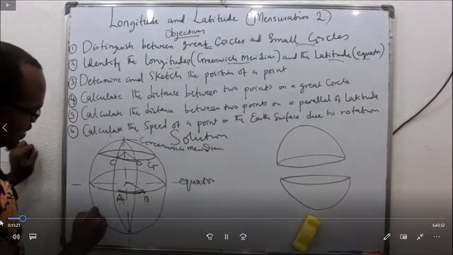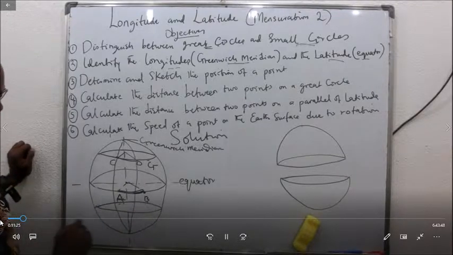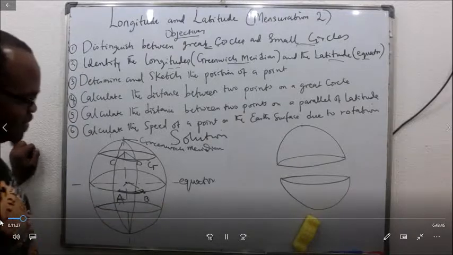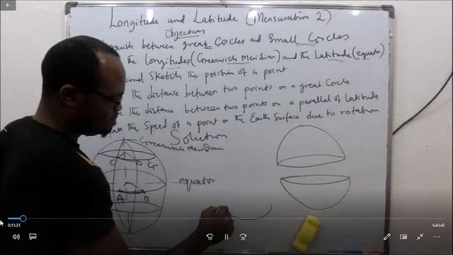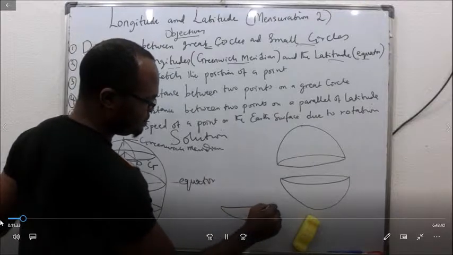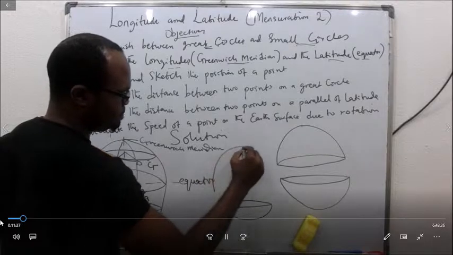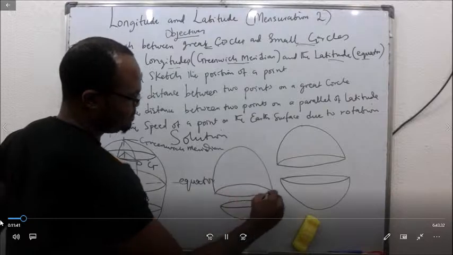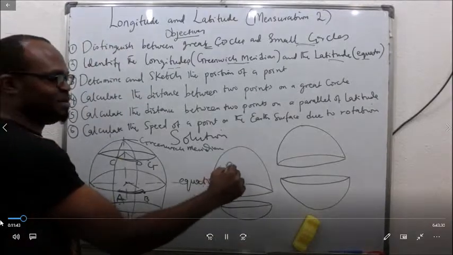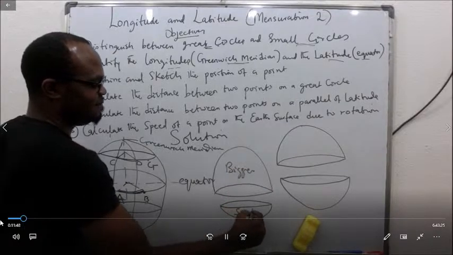But let's say you come to this other latitude and you cut the Earth through here. What are you going to be having? You'll be having something like this. So you can see that this one is bigger, whereas this is smaller.